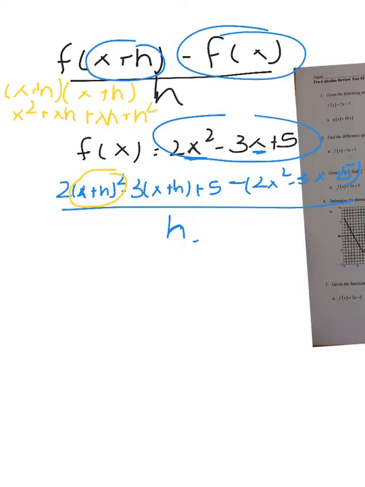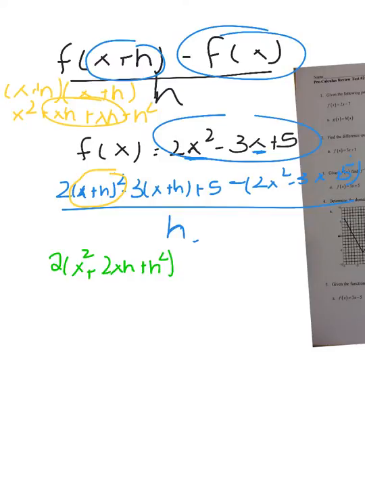And then these two combine to 2xh. Sorry, stylus is not working too well. Okay, so I have here 2 times x squared plus 2xh plus h squared.